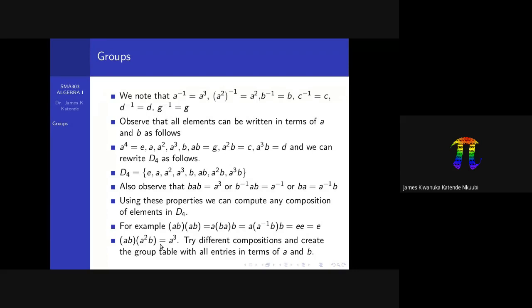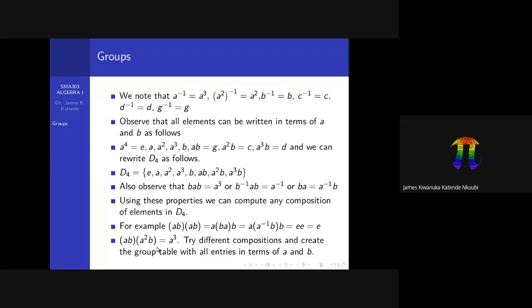So in this form, you can actually compute using these properties. You can get the product of any of these elements. Product here means composition, and you reduce it to one of the elements already in this set.